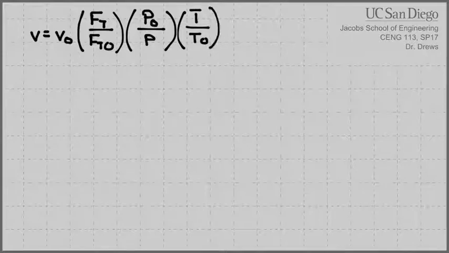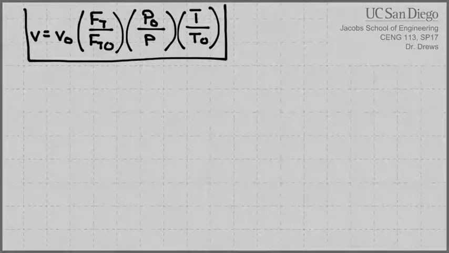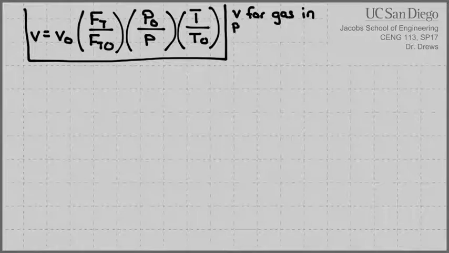T over T naught. Right, that's the form that we use for gases. So this is V for gases in either a plug flow reactor or a packed bed reactor.